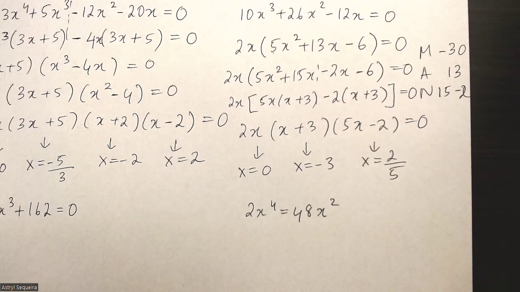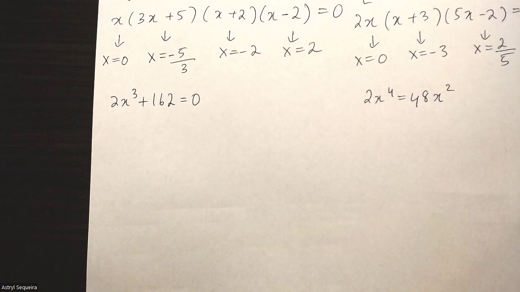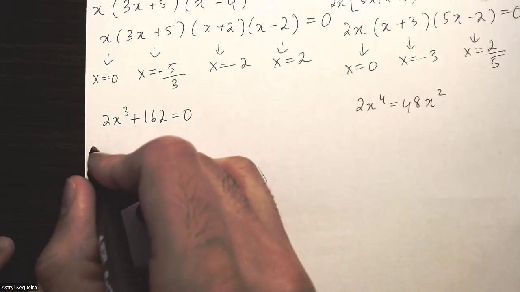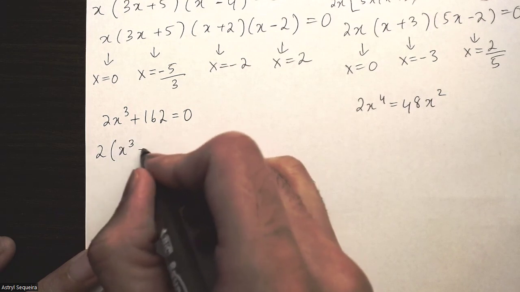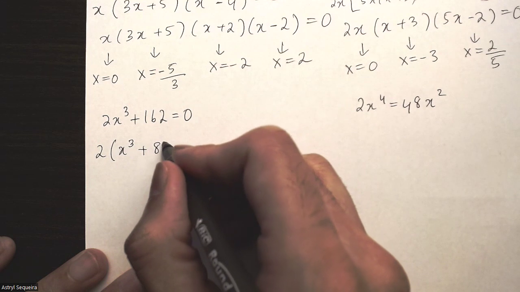Let's go to the 5th question over here. Again, I can just common factor out only a 2 in this question. I'm left with x cubed plus 81.